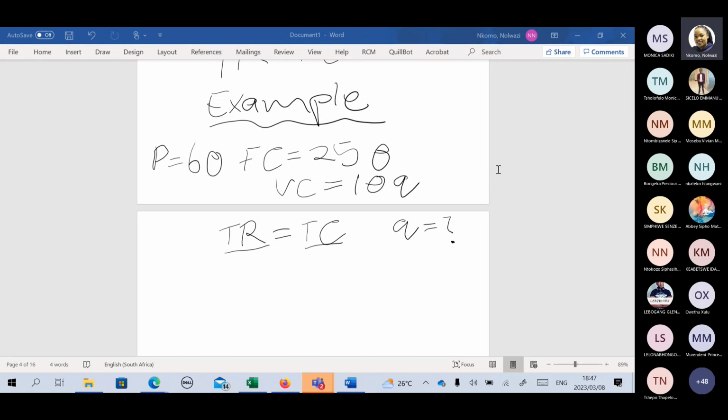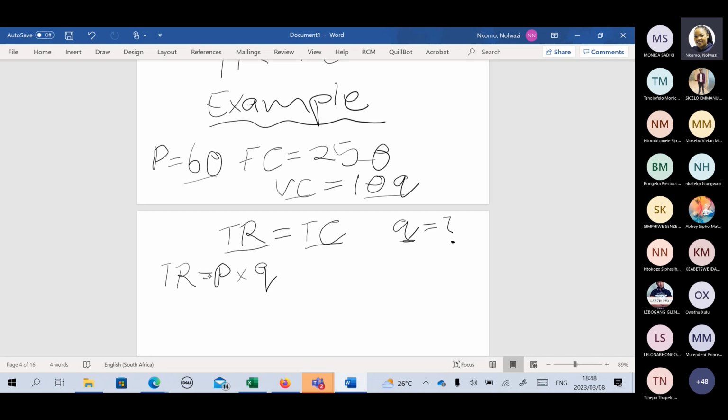We said we are asked to find Q, whereby the total revenue equals the total cost, right? And we are given the price, the fixed cost, and the variable cost. So this means we know that the total revenue should be the price times the quantity, right? And the price in this case is 60 rand.